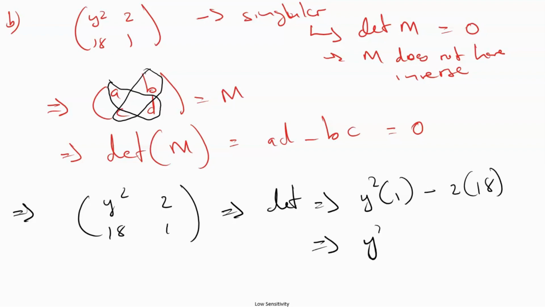So this is going to be y squared minus 36. But we know that this matrix is singular, so this is equal to 0. So we have the determinant, y squared minus 36, equal to 0, and we want to solve for y.